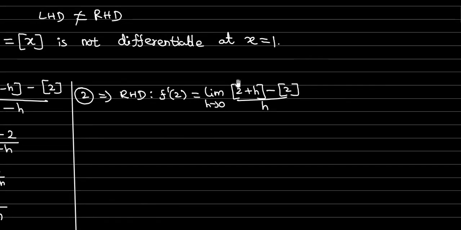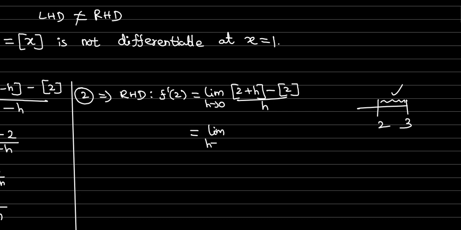Now what is the value of 2 plus h? 2 plus h means the values which lie between 2 and 3. Any value which lies between 2 and 3, if you take the greater integer, is 2. So 2 plus h gives you 2 only.